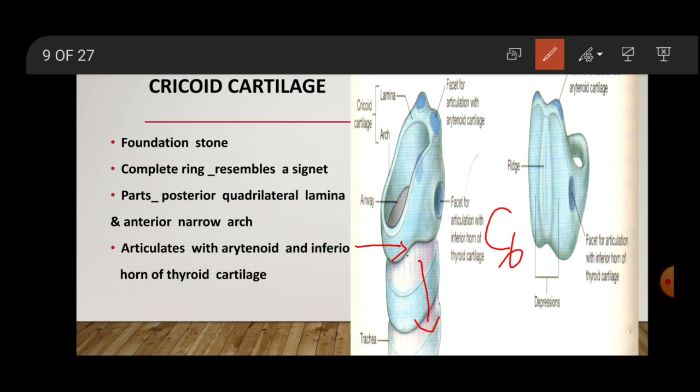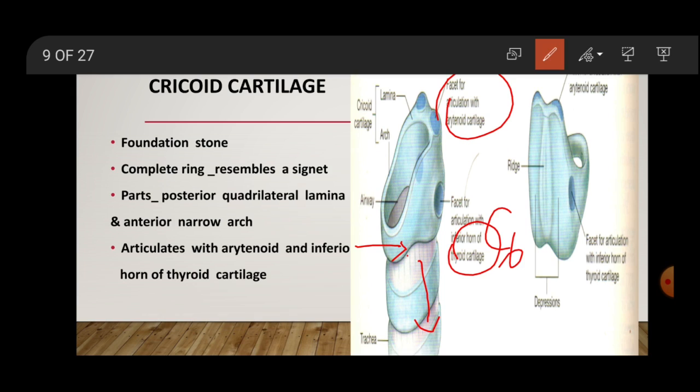Okay, and this cricoid cartilage is the only cartilage that articulates with the thyroid cartilage and also with the arytenoid cartilage to form the synovial joints. Hence it is crucial for the movements of the vocal cords. So that's why it is called the foundation stone.